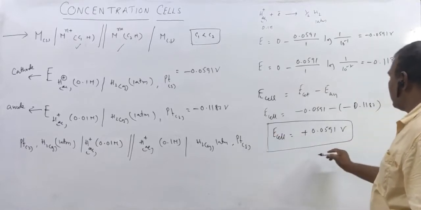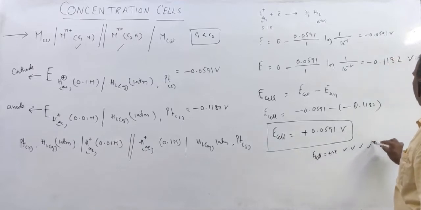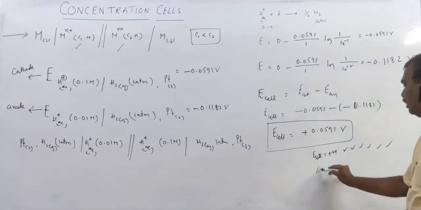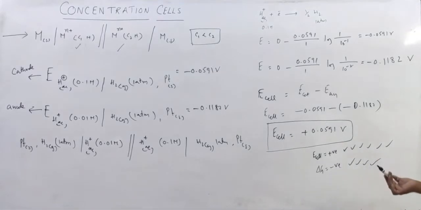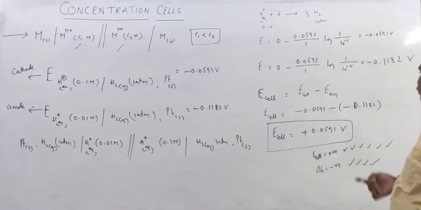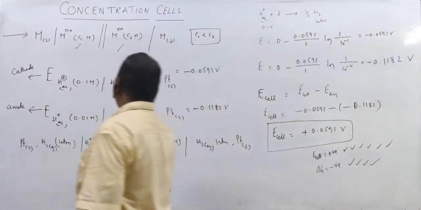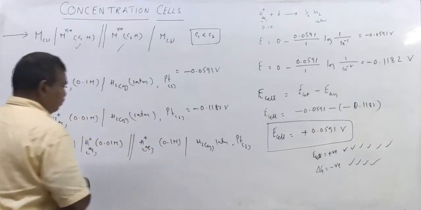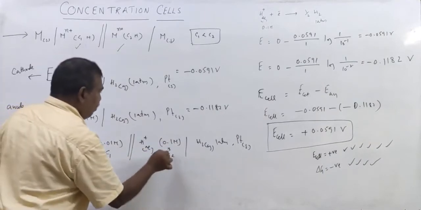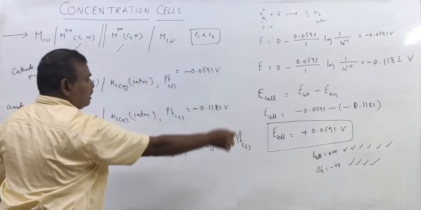So E cell is positive, therefore the cell works and produces electrical energy. Delta G is negative, therefore the reaction is spontaneous. So if the reaction is spontaneous, the cell works. So here, what is C1? 0.01 molar. What is C2? 0.1 molar. C1 is less than C2.